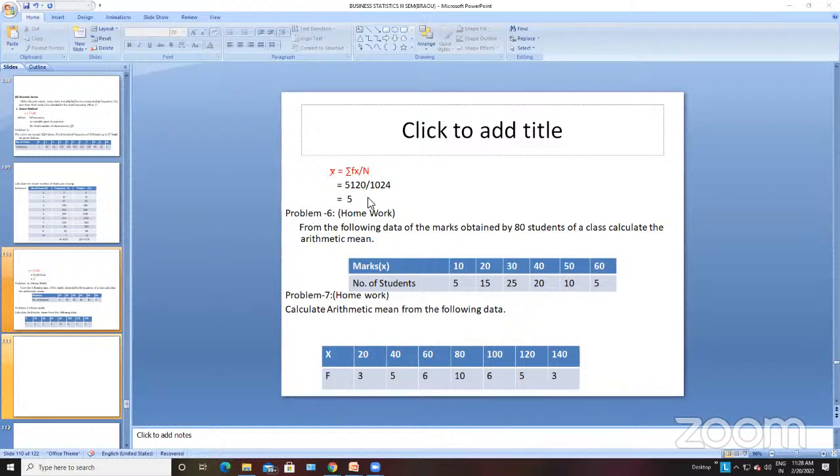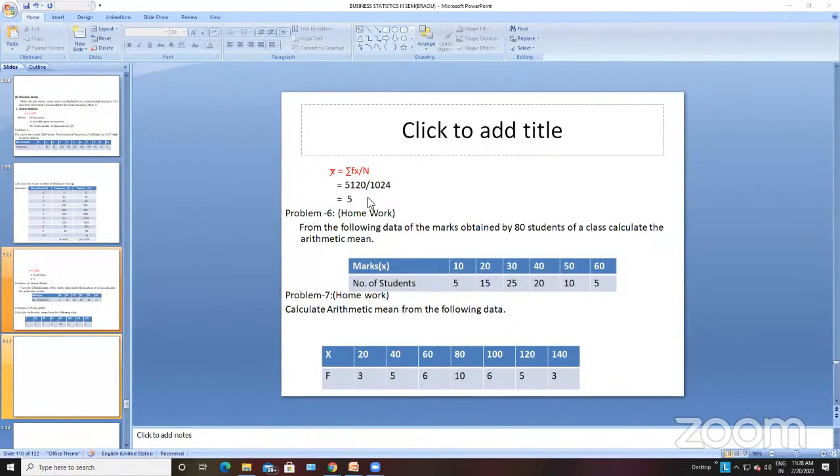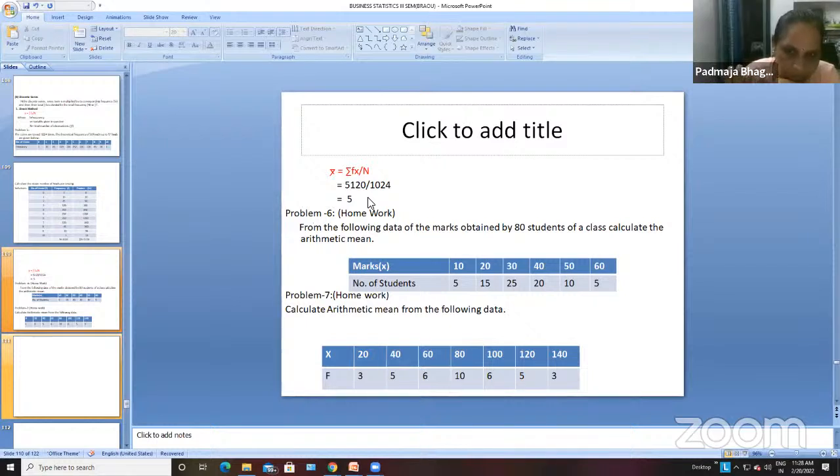And problem number 6 and 7 is the homework. You do the homework, and if it is possible, you can put it in the group.